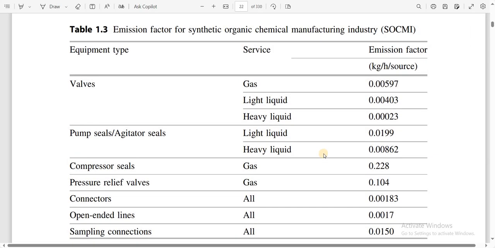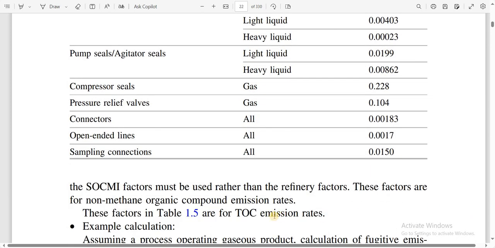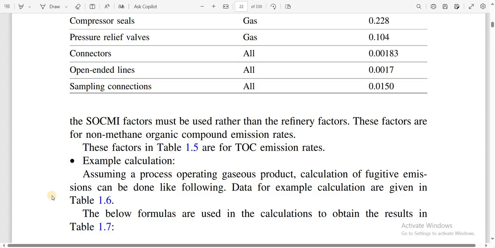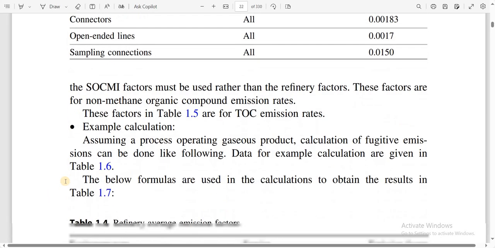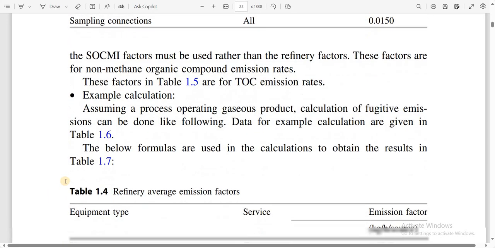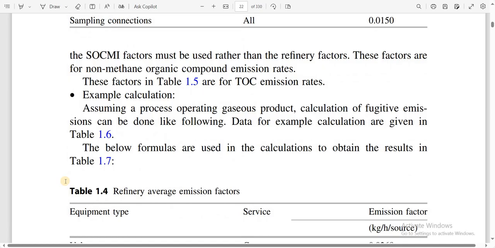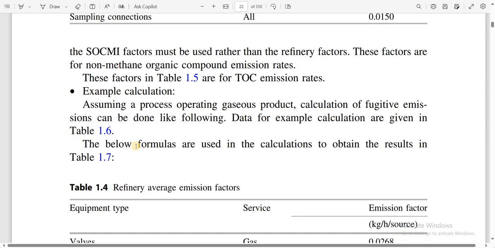So every connection might have some leakage, and it's about air, and air can escape from any small place in the valve or anything. Example calculation: assuming a process operating with gaseous products, calculation of fugitive emissions can be done as follows.